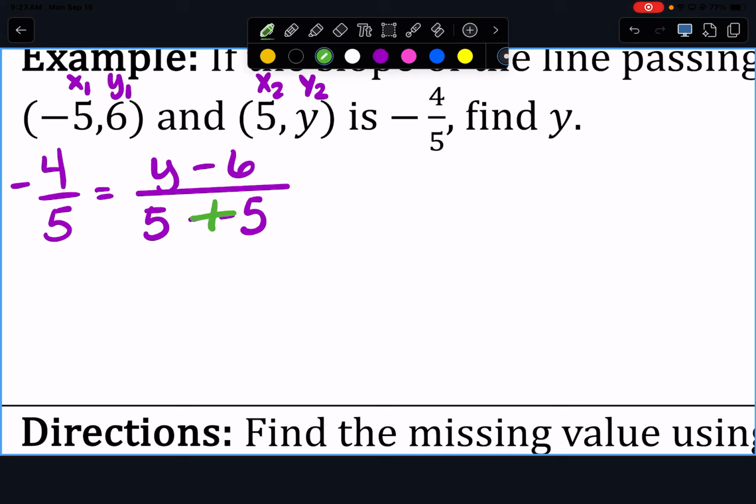If I'm saying 5 minus negative 5, what am I actually saying? Yep. So we have negative 4/5 is equal to y minus 6 over, what is 5 plus 5? 10. What kind of problem is that? It's a proportion, so what do I need to do to solve it?